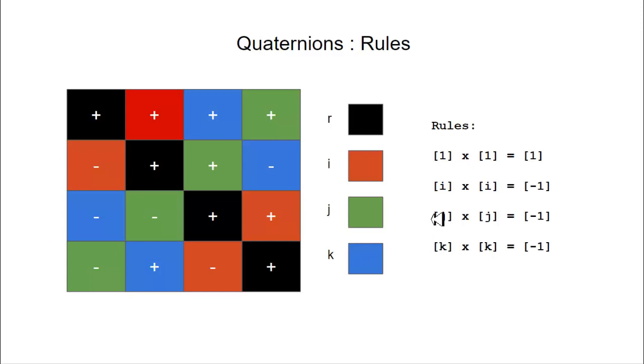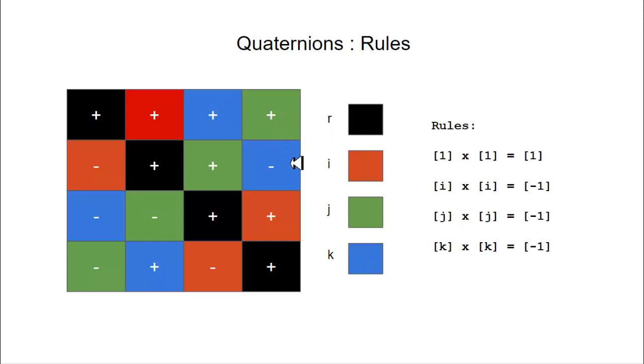And same with J. J is green. So if you put 1, 1, minus 1, minus 1 in the matrix and made everything else 0, and then you squared that, you're going to get minus 1 on the forward diagonal. And same with K. K is in blue.